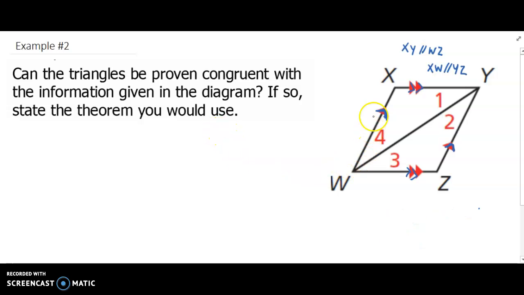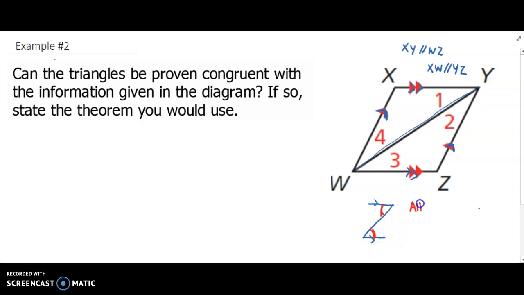All right, so let's look at this. If we have XY on top and YZ on bottom, these are parallel. And then I'm going to use this line that separates them as my transversal. So it goes something like this. What do I know about this angle here and this angle here?